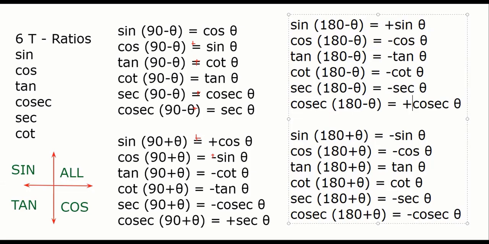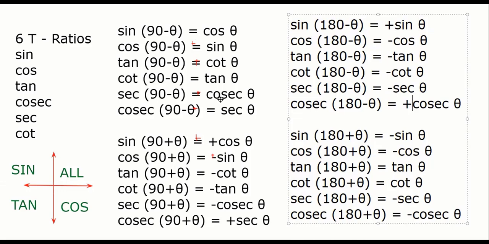Sine becomes cos, cos becomes sine, tan becomes cot, cot becomes tan, sec becomes cosec, cosec becomes sec. If it is 180 minus theta or 180 plus theta, nothing changes. Sine remains sine, cos remains cos, everything remains the same. That is about the trigonometric ratios. Second comes the sign: the answer will be plus or minus. It depends upon which quadrant you are in.